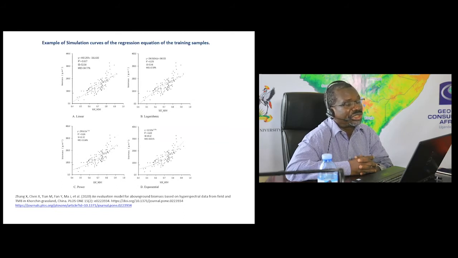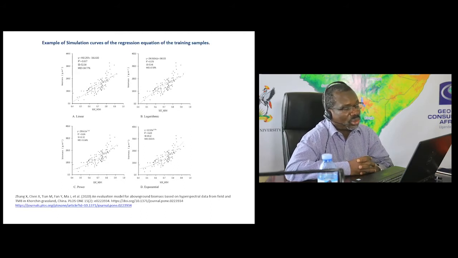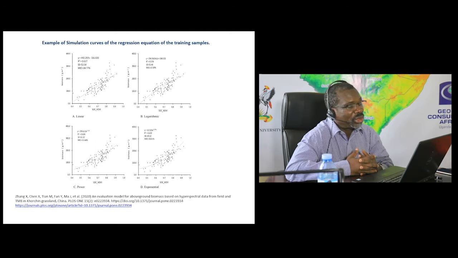Some of these are linear functions, others are logarithmic, quasi-linear functions, exponential, which are also once transformed linear functions. And the NDVI and biomass have been strongly correlated.